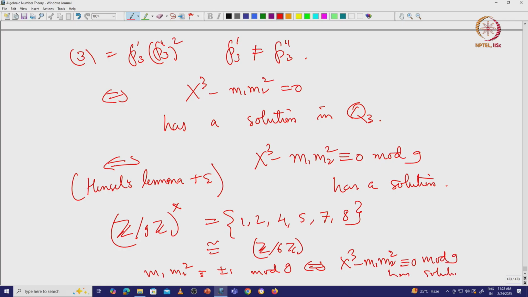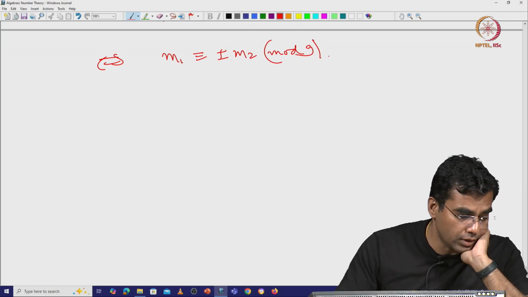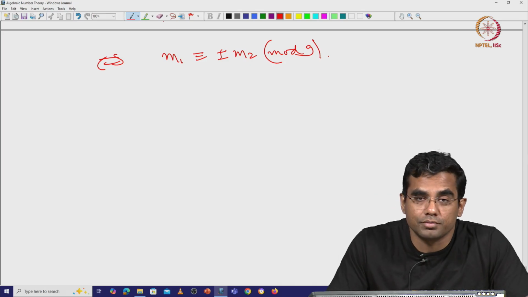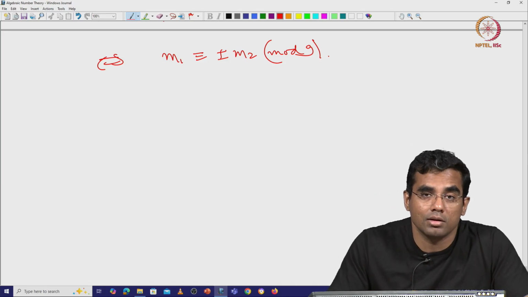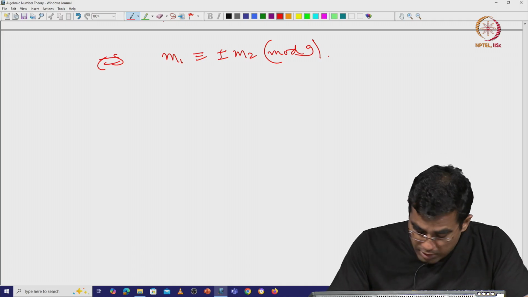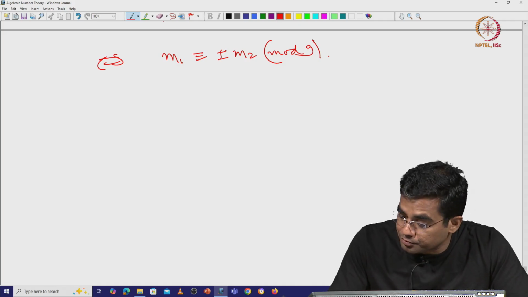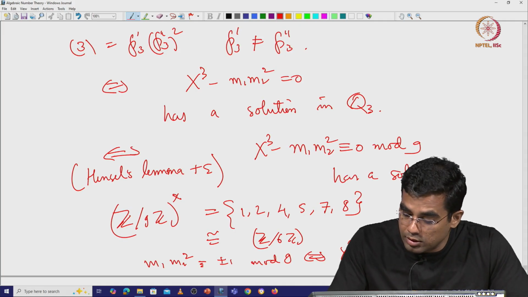This is the same as saying that m1 is congruent to plus minus m2 mod 9.